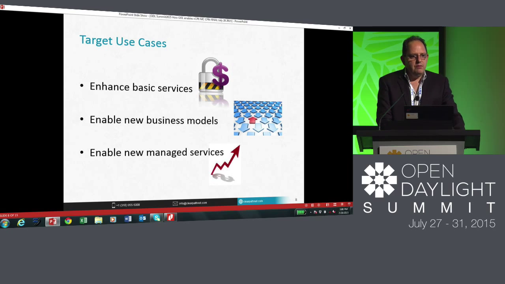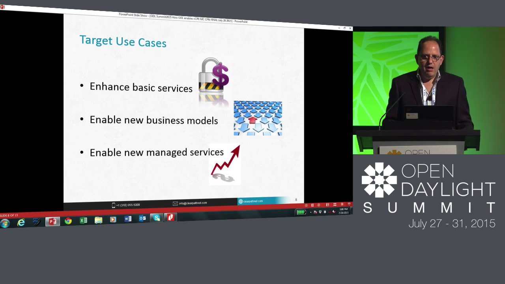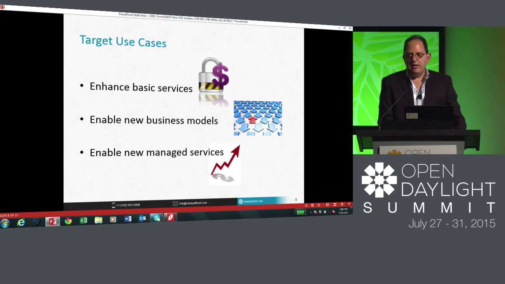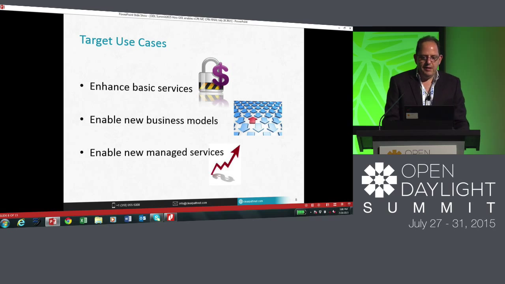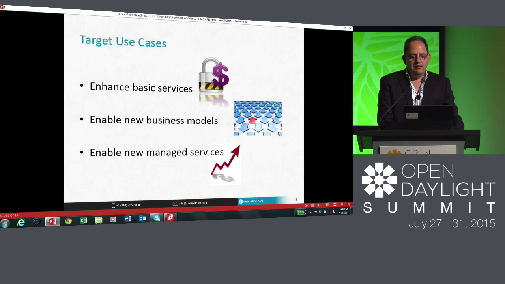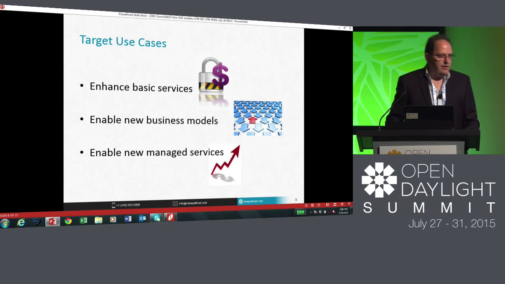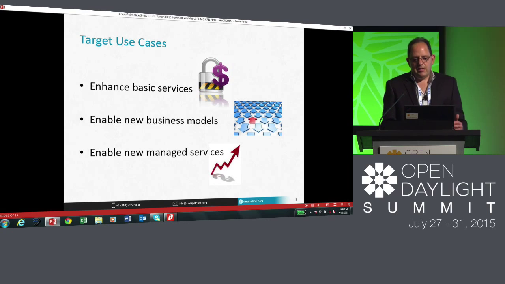Now we have to provide a means of helping operators cope by differentiating basic connectivity services that affect all of their subscribers. For instance, if you think about residential broadband as an example, one of the things operators can do is try to compete on a commodity level within their service areas, and there's probably going to be some limited competition.